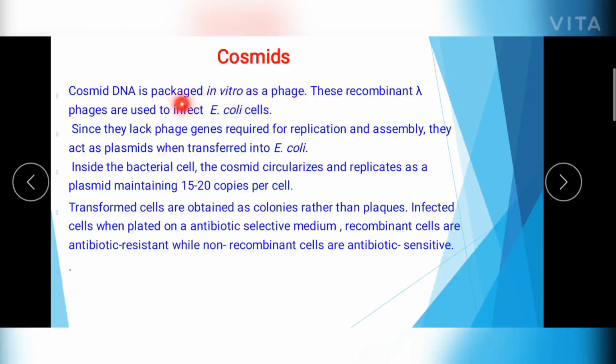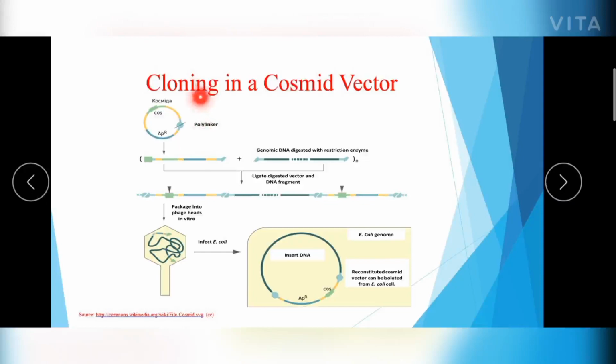So these recombinant Cosmid DNA, that is the Cosmids containing our DNA insert, are packed in vitro as phages. Then these recombinant lambda phages are used to infect the E. coli cell. So that is what is seen here. This is the Cosmid vector, and by cutting the polylinker site, you are inserting our foreign gene.